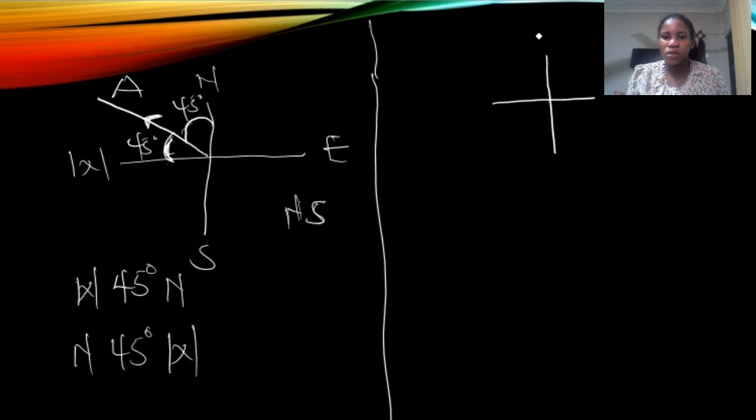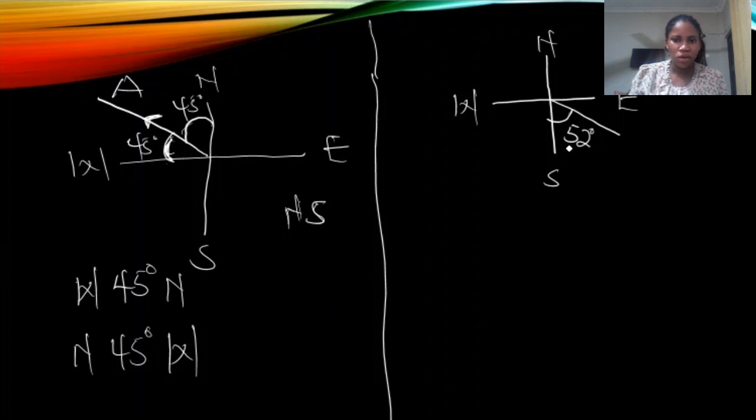Okay, so for this, north, south, west, east. Do you mean we had something like right here, 52 degrees? So also over here, you see that the angle is lying on the south and is between south and east.